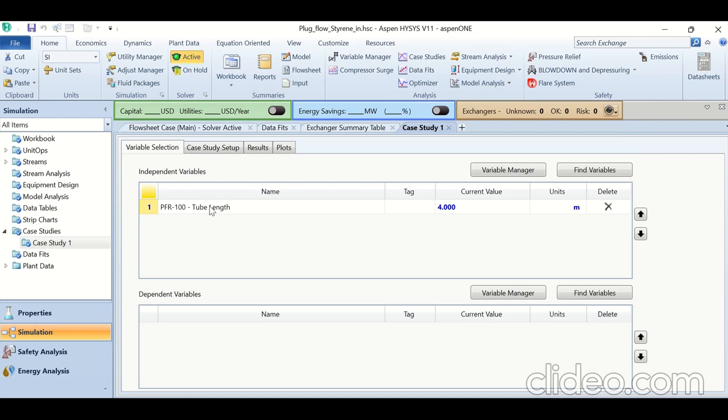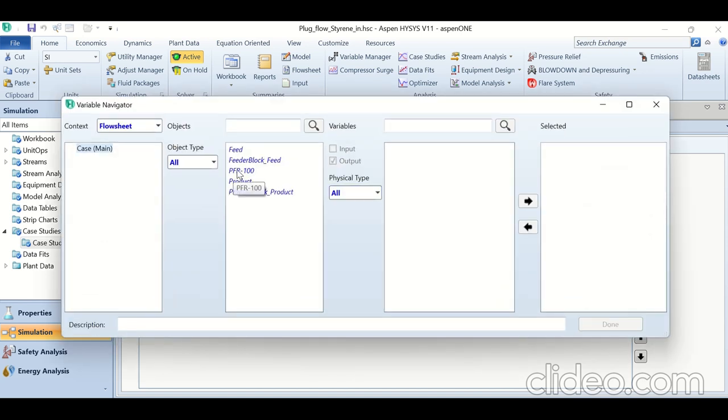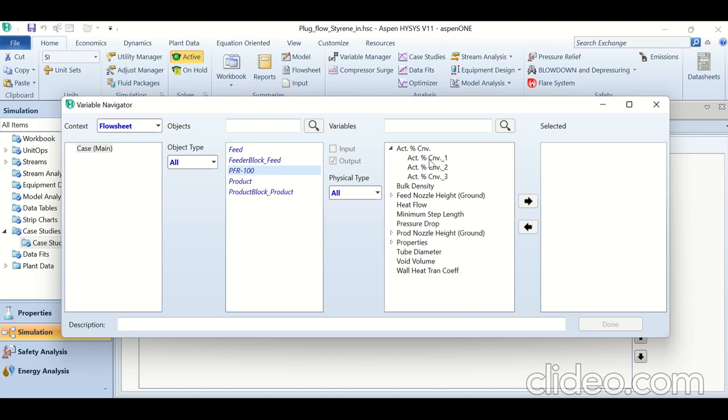So this is the independent variable. We want to vary the tube length and study its effect on the dependent variable, which is the conversion. So find variable, plug flow reactor, and then go to the conversion, and done.